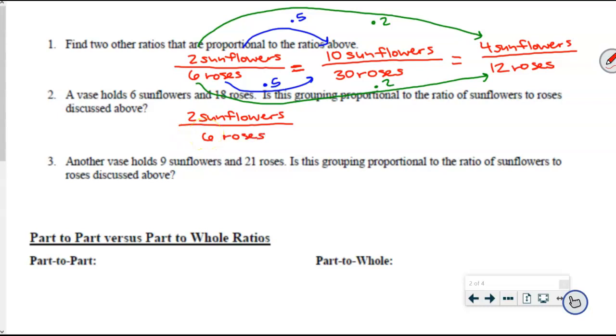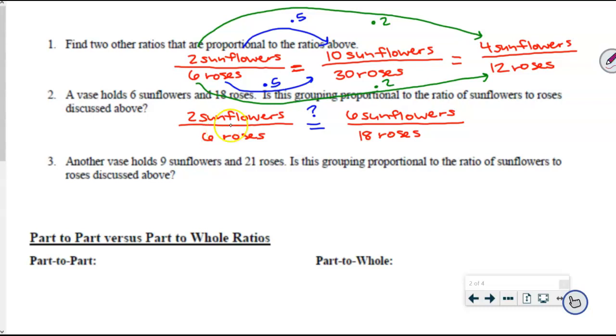But now as I put this equal sign in here, I'm asking the question, is this equal? Because I'm asking, is it proportional? So I'm asking, is this equal to 6 sunflowers and 18 roses? You tell me. Vivian, tell me why.